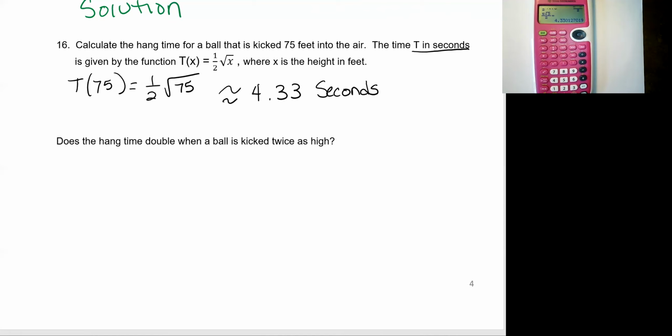So the second part of this, does the hang time double when the ball is kicked twice as high? Well, that means if we find t of 150 and it's double what we just found, then we would say yes. So let's figure this out.